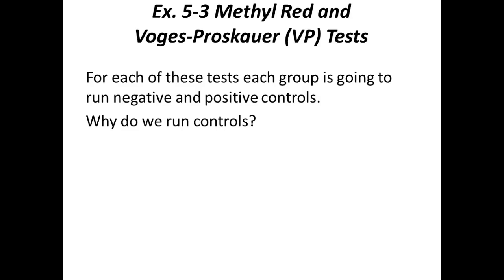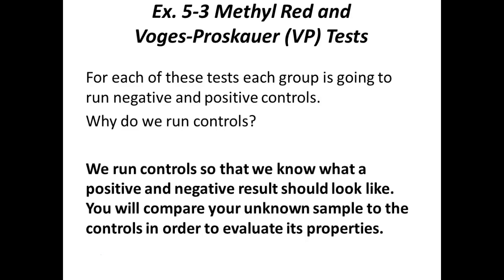That would invalidate all our unknown tests. So what could have gone wrong, other than me screwing up, which I slightly did today? Contamination. What about the reagents? What if somebody put the wrong reagents in the wrong bottles, or what if they're expired? So we want to make sure that we have reliable results. So we run controls, in this case a negative and positive, so we know what they look like for comparison. But also to make sure that our reagents and everything is working properly.